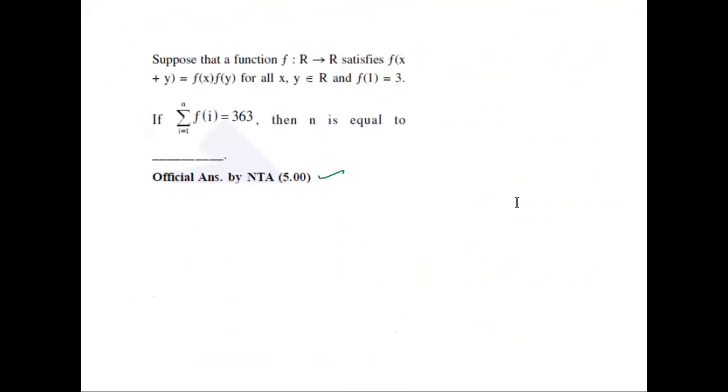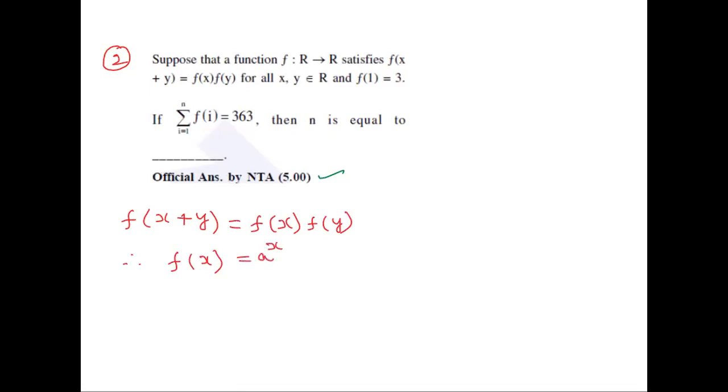Next I am going to the second question. Total 5 questions they will give. Now this is the second question. See here the condition they have given: f of x plus y is equal to f of x into f of y. When this condition holds, if the function f of x is equal to a power x, the condition will exist.